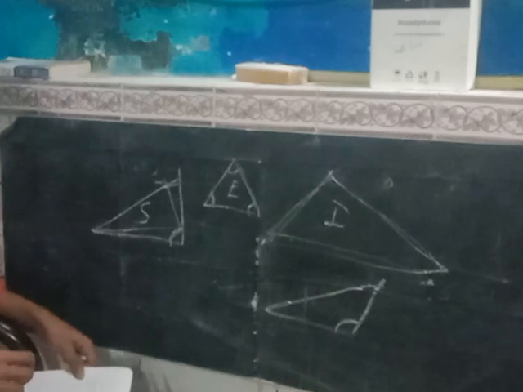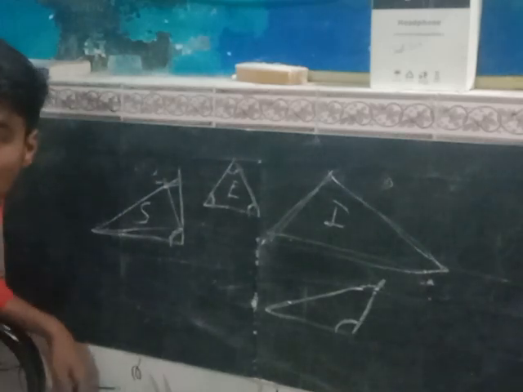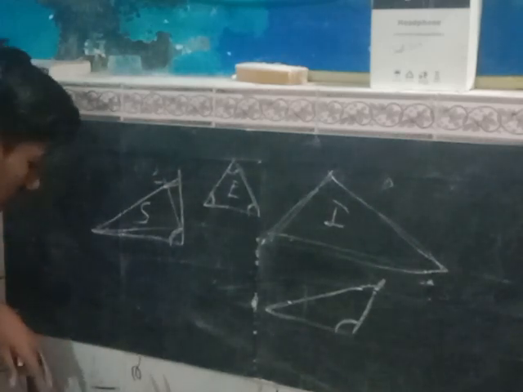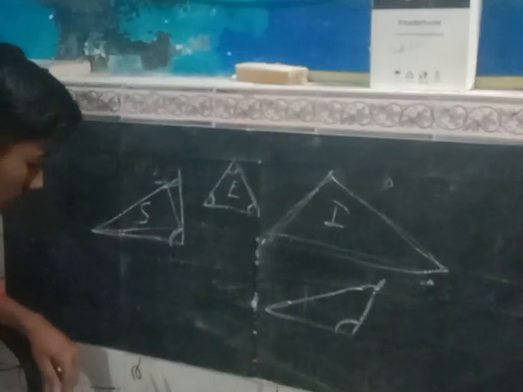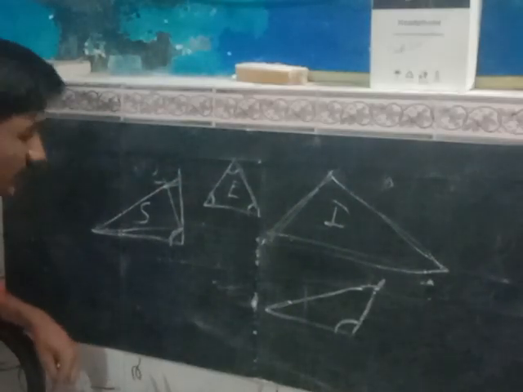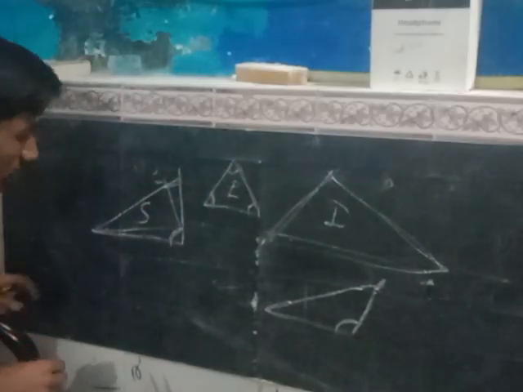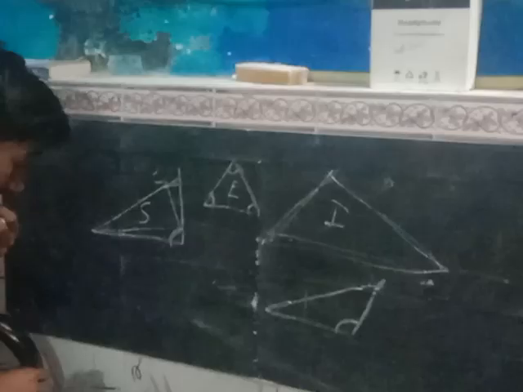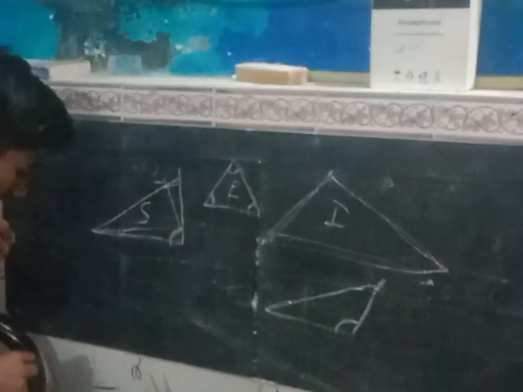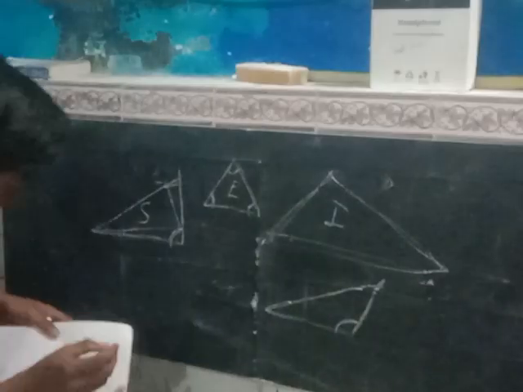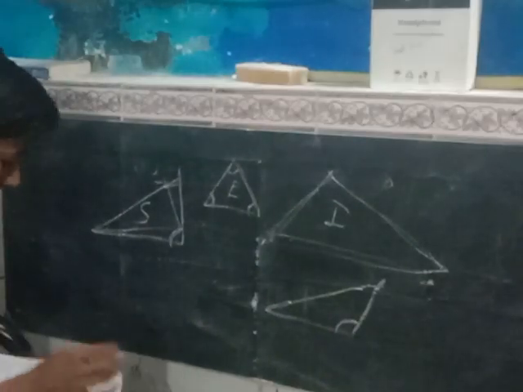And then we have to talk about results of triangles. Now we are not talking about the types of triangles, and now we are not talking about angles. Here it mentions some results of triangles.